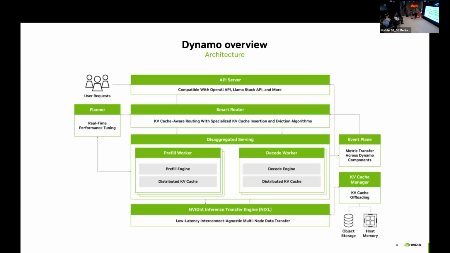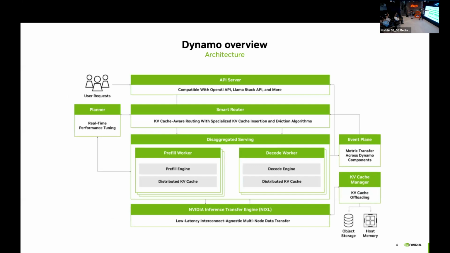Okay, so I will quickly go over the current architecture. These are the main components that we provide. First of all, there's the API server. The user sends the request to the API server, and it is compatible with the OpenAI API, so any request you are sending to OpenAI or to Claude or Hugging Face TGI and so on is also compatible with Dynamo.